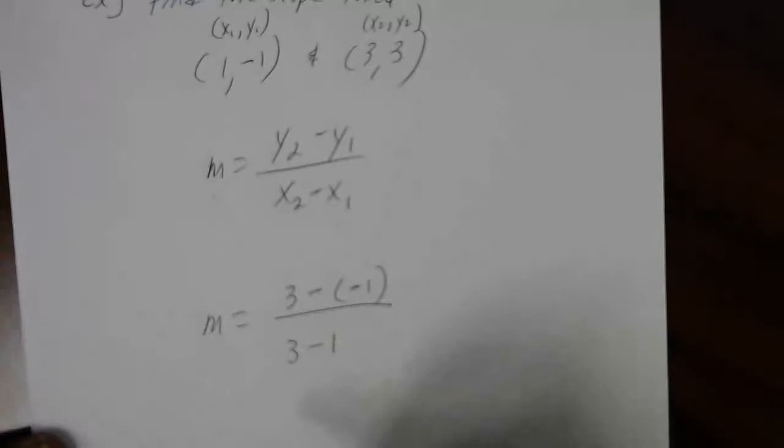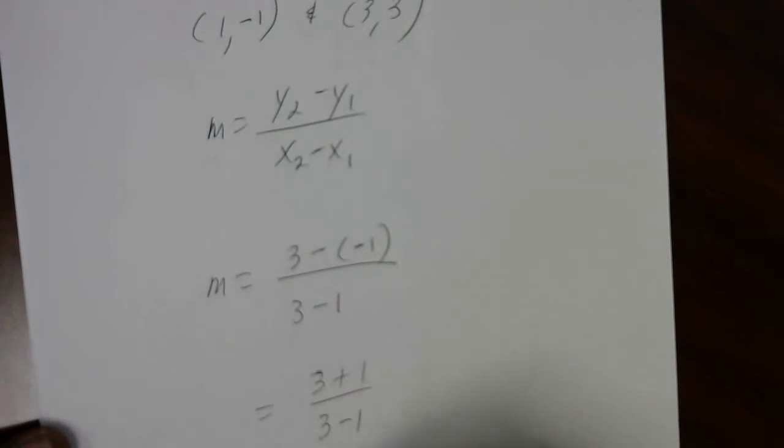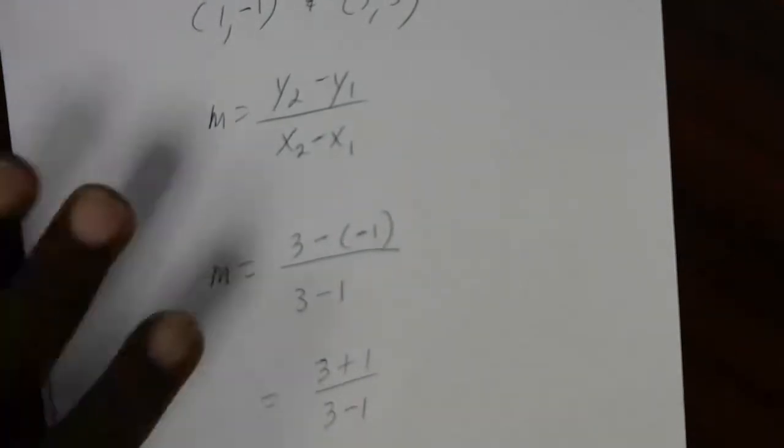In the numerator, the double negative makes a positive, so we have 3 plus 1 over 3 minus 1, which gives us 4 over 2, which gives us a slope of 2. Since this slope is positive, if we were to graph those 2 points and draw a line through them, that graph would increase as we read it from left to right.